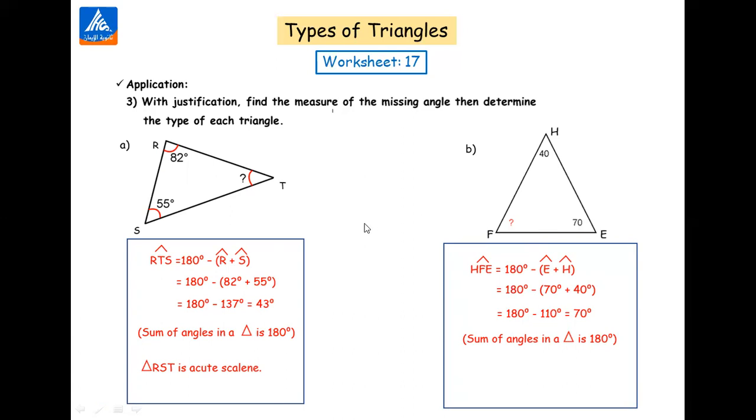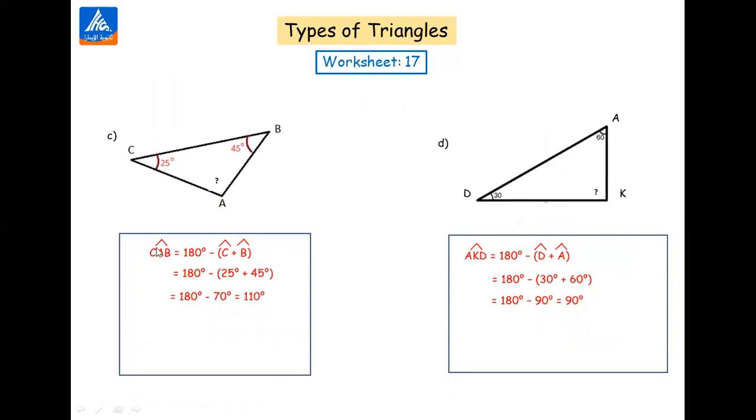We notice that triangle HFE is isosceles of main vertex H. Why? Because FE is the base. Why? Because the angles F and E are equal. So when the base angles are equal, then we notice that H is the vertex.